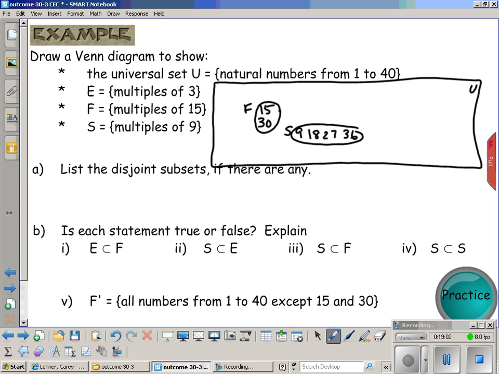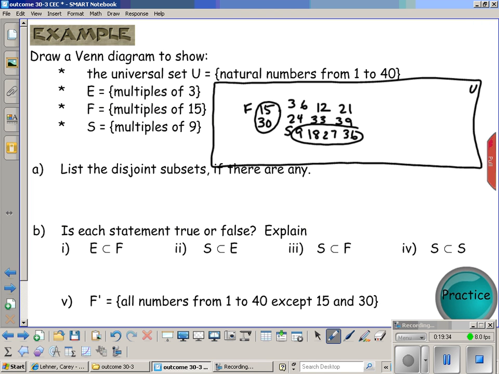Now if we look at our multiples of 3, we've got 3, 6, 9, which we've already written down, 12, 15, which we've already written down, 18 is already written down, 21, 24, 27, which is already written down, 30, which is already written down, 33, 36 is already included, 39.